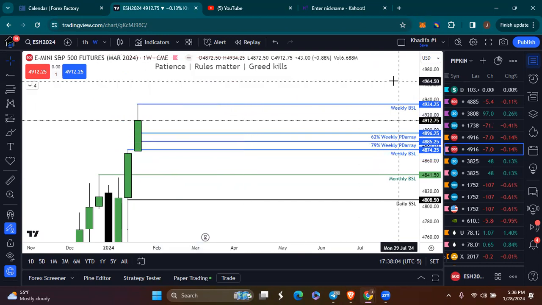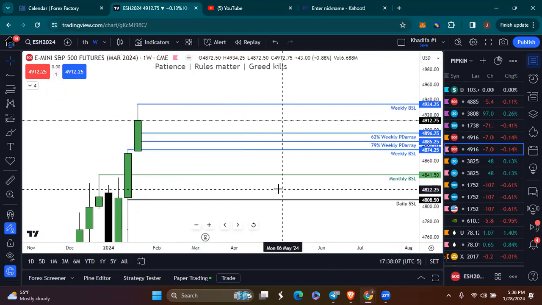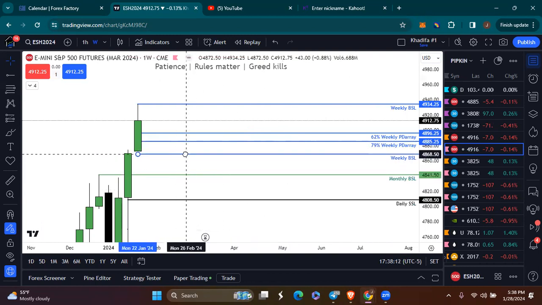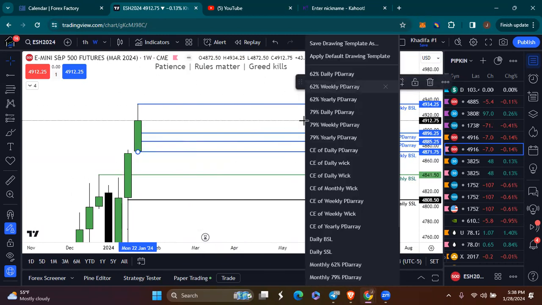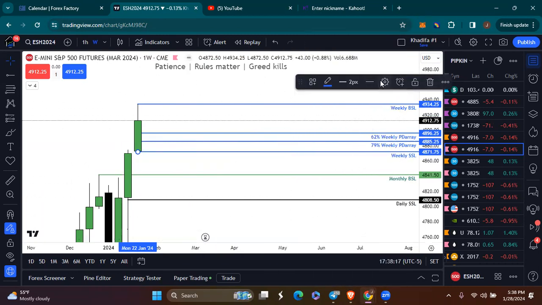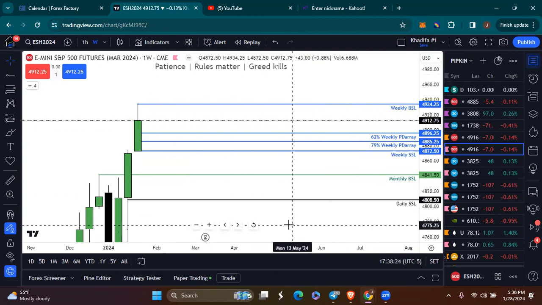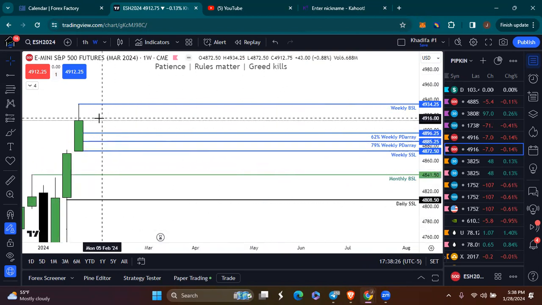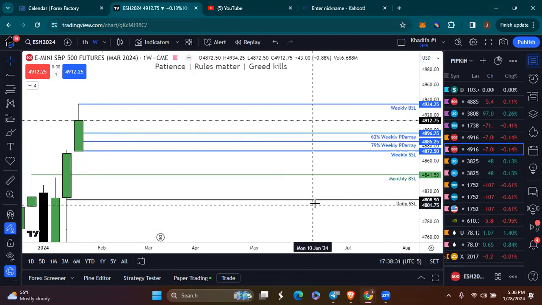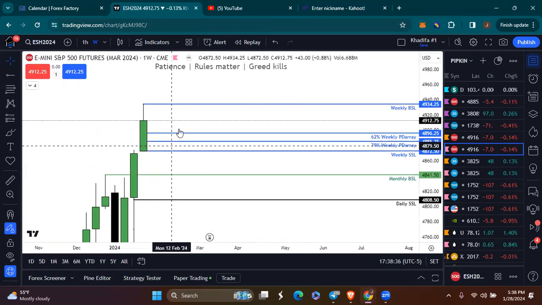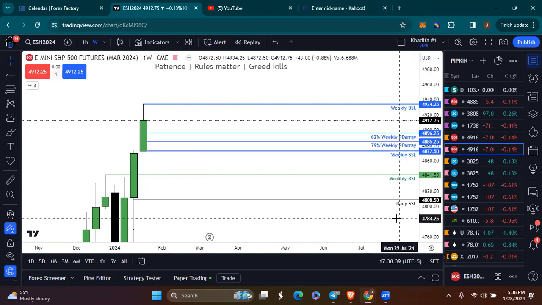How about that? Right? Change that to sell side liquidity. Put it on the low, 72.50. So yeah, I would like to see ES pull down into the discount array of last week's price range, the weekly discount array.